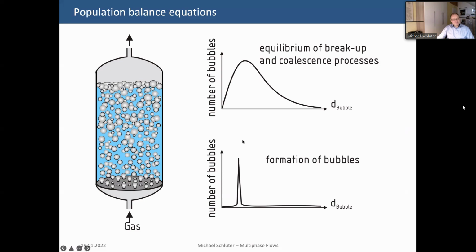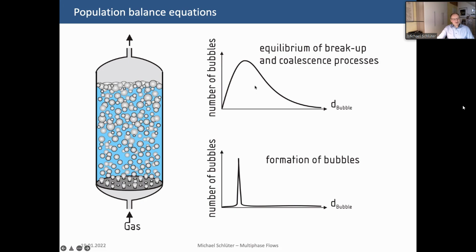And if we go further up in the column at a higher position, due to coalescence and breakup, this gets more broader, and it's shifted to larger average bubble sizes. Here we have a larger bubble size in the maximum than here, and it gets much broader due to coalescence and breakup.